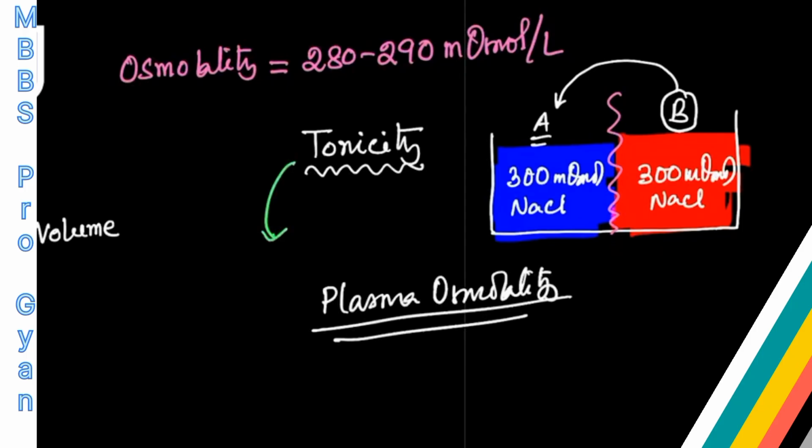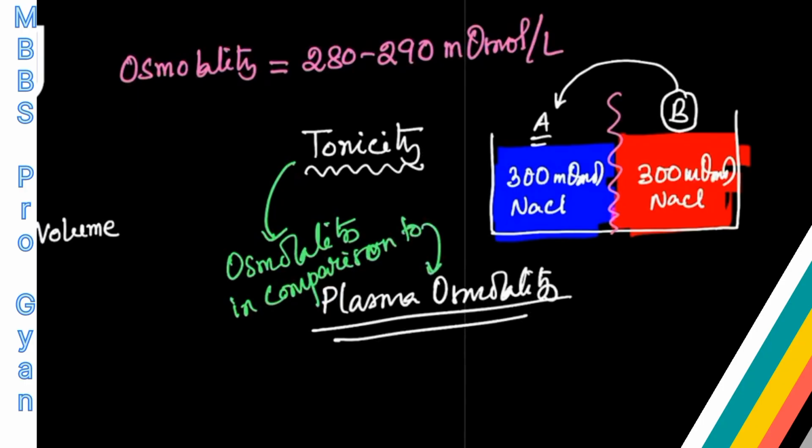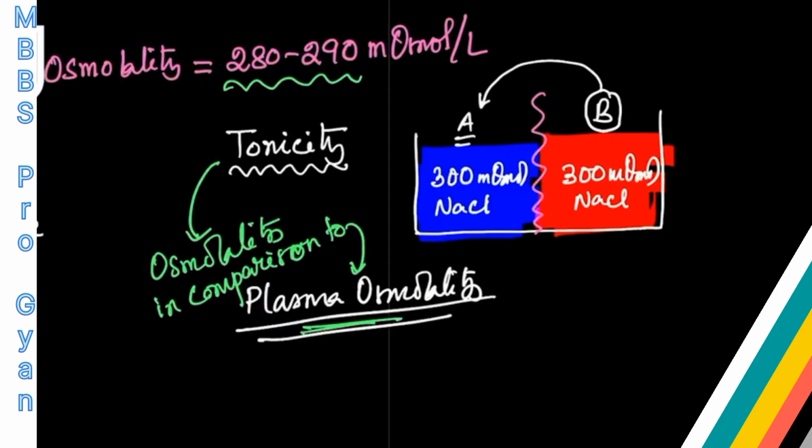Getting my point? So what is the meaning of tonicity in biology or in medicine? It is nothing but the effective osmolality of a solution in comparison to plasma osmolality. And what is the normal plasma osmolality? That is 280-290 milliosmol per liter.